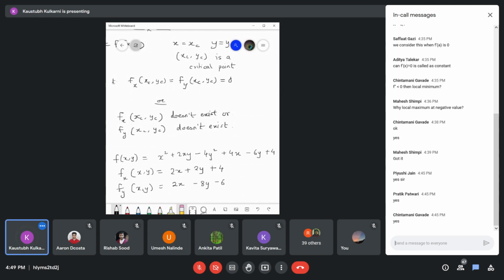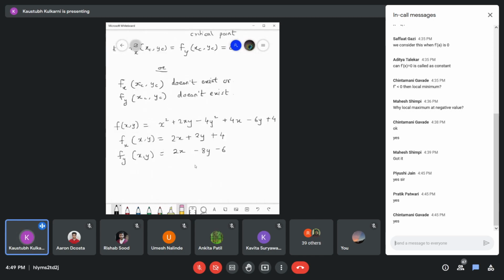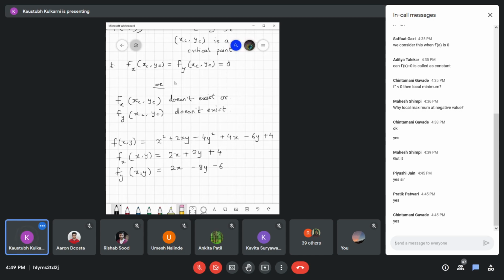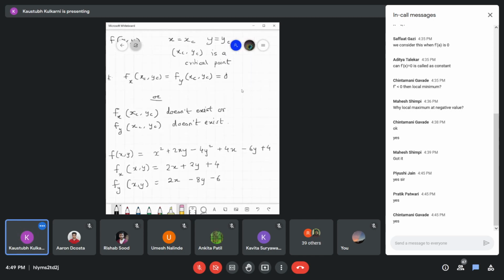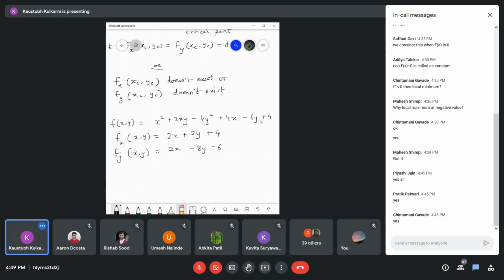Now we cannot say that one of them does not exist, so both of them do exist. So the only condition to find the critical point is to equate both of them to 0. So 2x plus 2y plus 4 equal to 0, and 2x minus 8y minus 6 equal to 0.